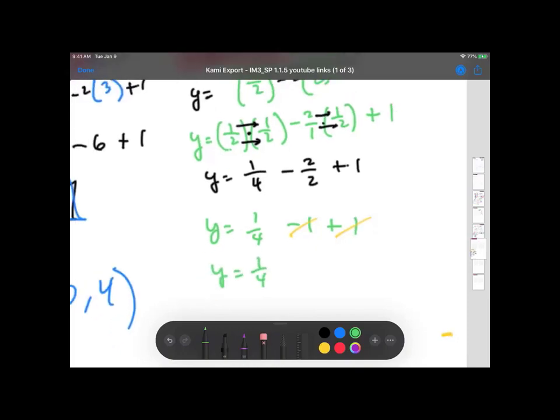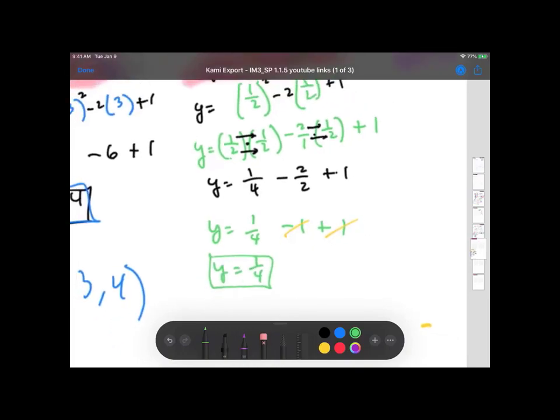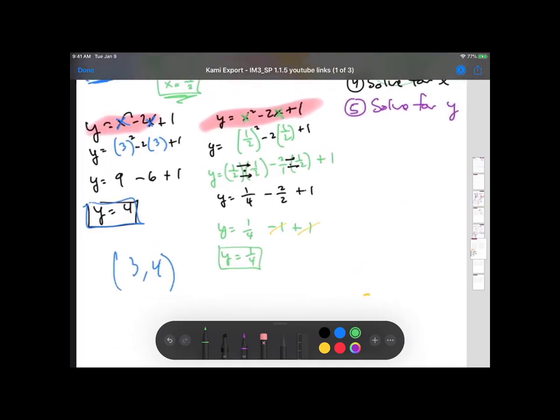So when I put in 1/2, I get 1/4. 1/2 comma 1/4 is the other point of intersection. And if you did that in decimals to help you understand, 0.50 and 0.25.